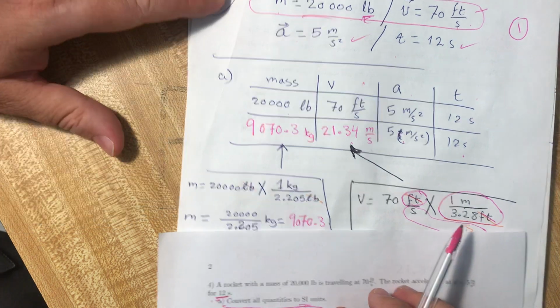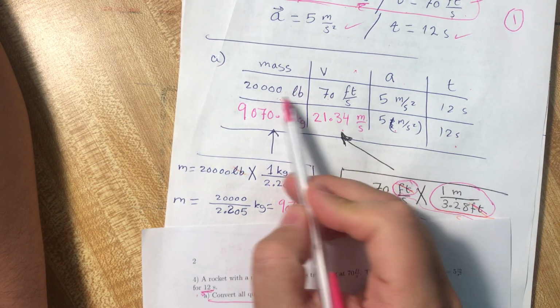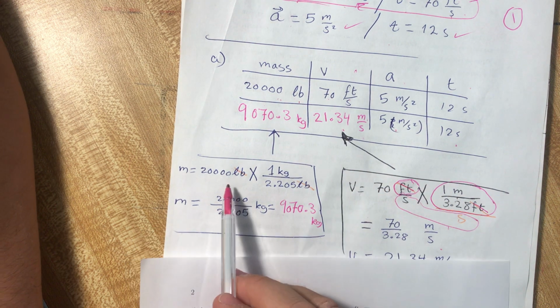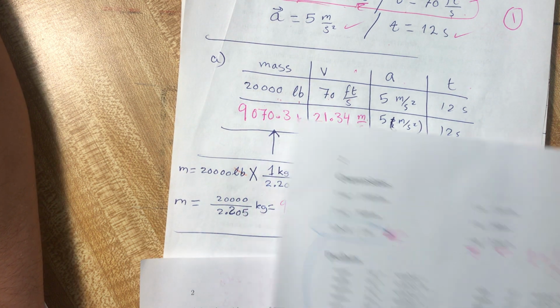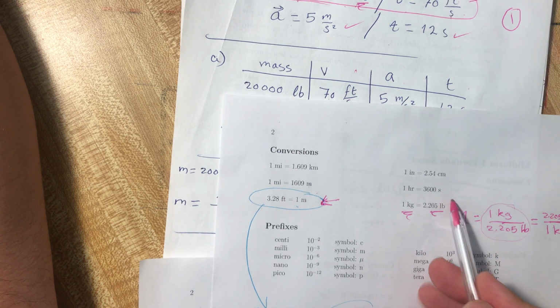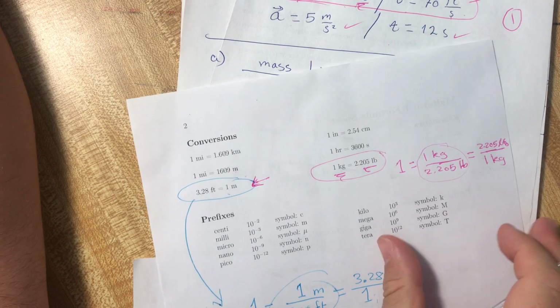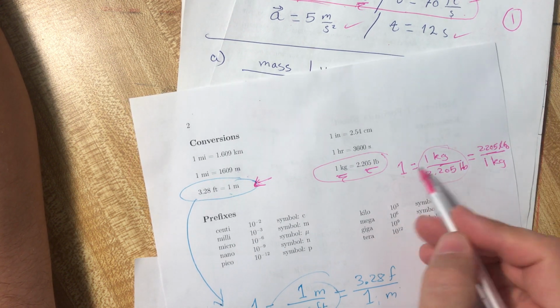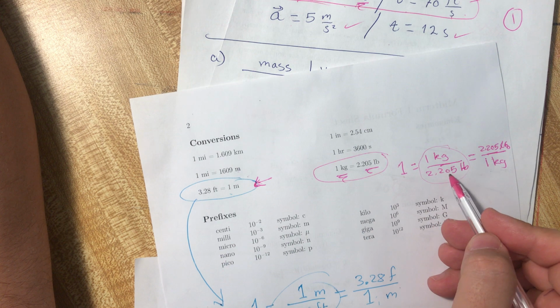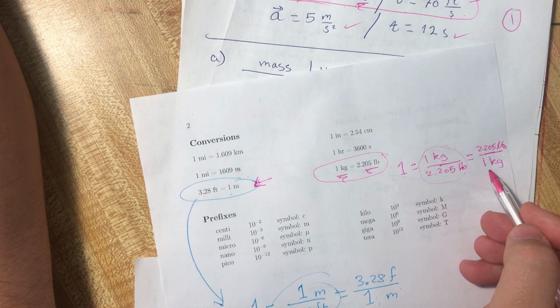Look here. The value of mass, which is 20,000 pounds, we need to use the conversion coefficient between the kilogram and the pound, which is in the given sheet. We use the conversion coefficient, which is 1 equal to 1 kilogram over 2.205 pounds, which is equal to 2.205 pounds over 1 kilogram.